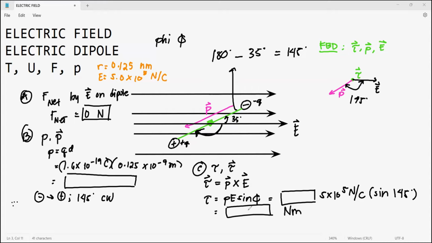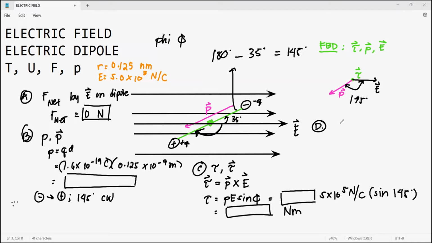But if your torque is negative, then your torque must be clockwise. If that's the case, I know that the answer is positive, then I know that the rotation of our torque is anti-clockwise. And we can use that logic when we're not very confident doing the right hand rule.